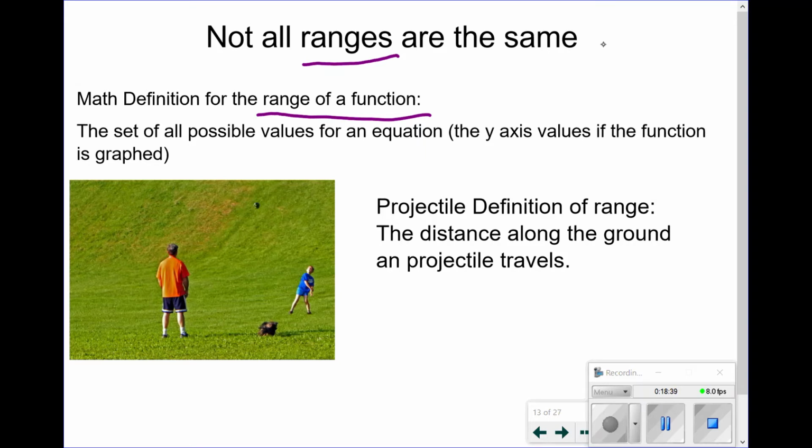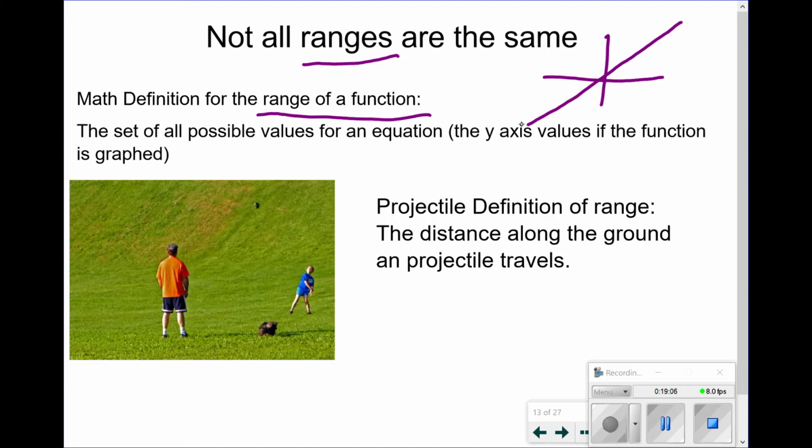So if I had an xy axis, and I was to have a graph such as y equals x, then my range would be from negative infinity to positive infinity, because those are all the possible answers in between that I could get.